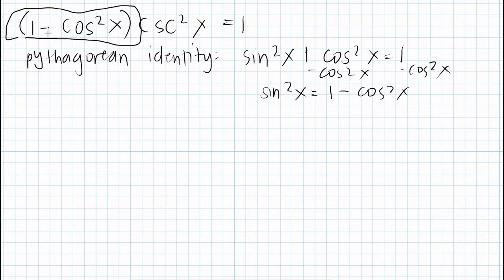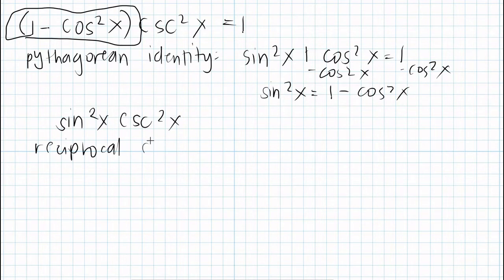So that would be sine squared x times cosecant squared x. Now, from the reciprocal identity, we know that cosecant x is equal to 1 over sine x.